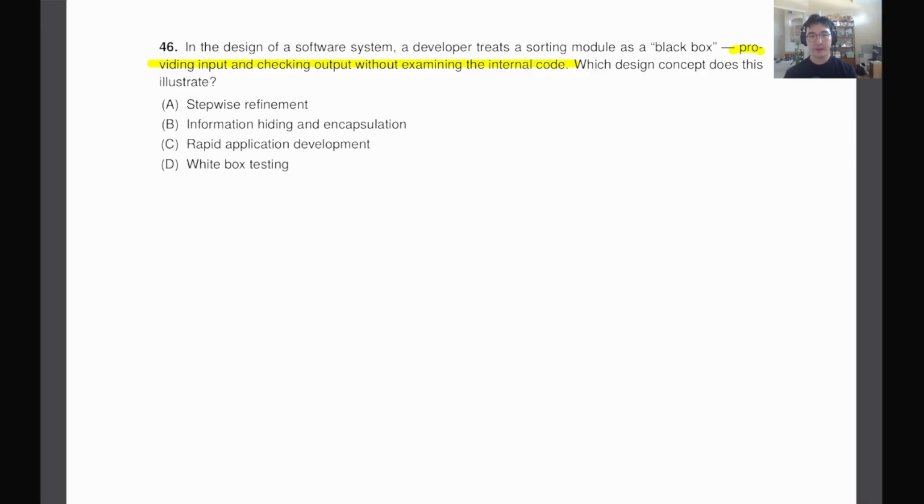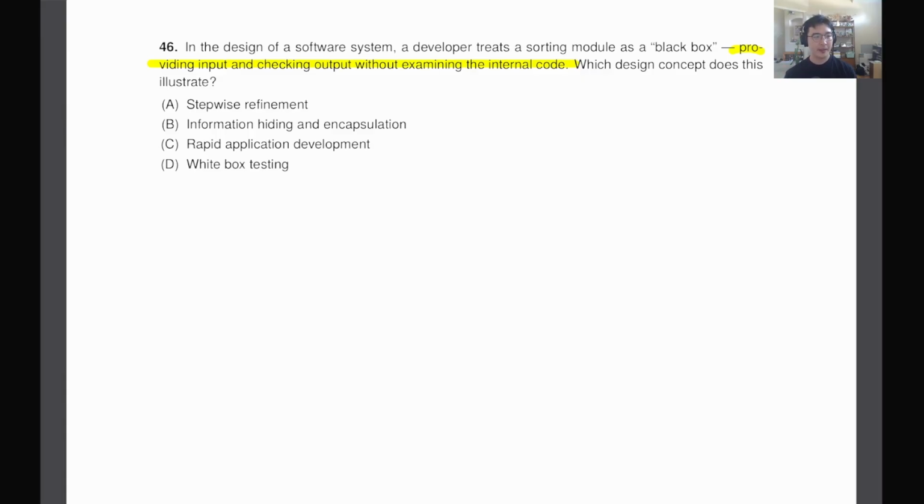The definition you can find online is hiding internal data and implementation logic inside a module or object, allowing interaction only through a defined public interface. So we kind of had the same thing of hiding internal things, right? The black box, we don't check the internal code. Information hiding, we're also hiding something from our view. So B could be correct.